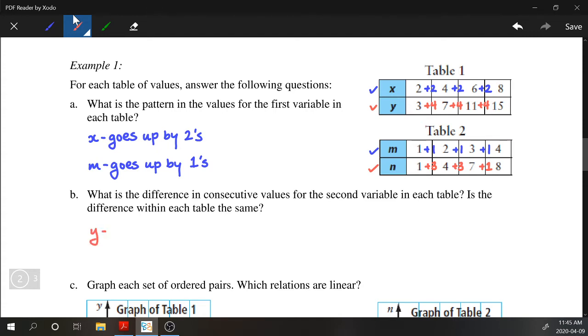So for y, we'll say that the common difference, and that is the number that you add or subtract every time, is 4. And then for n, the common difference is 3, until it wasn't 3 anymore, except for the last part.